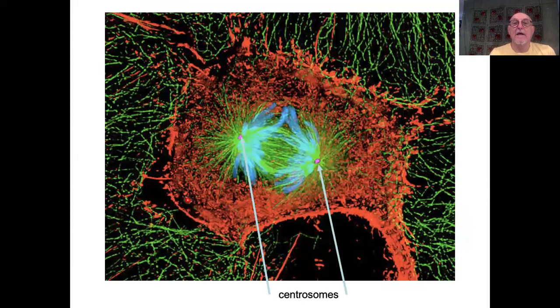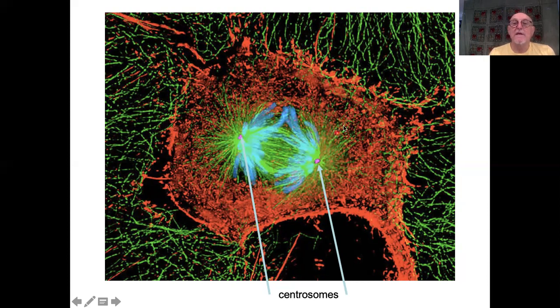This is a dividing cell. The nuclear membrane has disappeared. The chromosomes have formed. You can see them here. They are stained blue here. Here are the centrosomes there and there on either side. And they have formed this spindle.